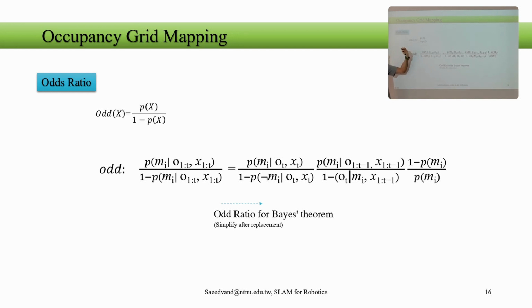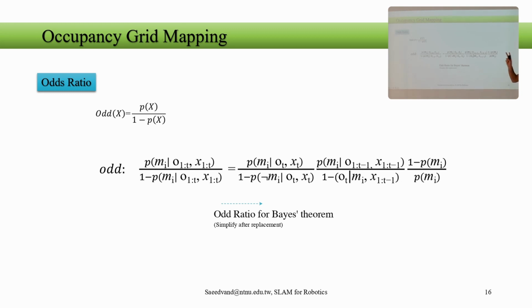You need to write it and simplify it. So the odd ratio of the probability that this grid cell is occupied over not occupied can be represented in this form, which says we applied the Bayes theorem on it. Now, is it clear generally what is happening here?